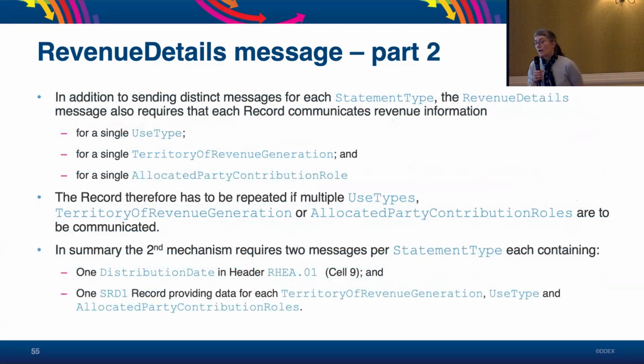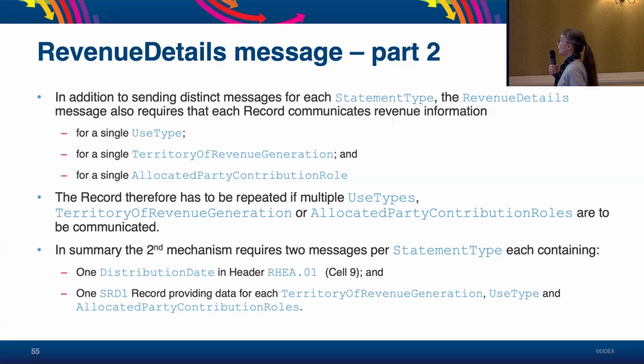The other thing to remember when simplifying the message is that each of the records now are specific to not only the statement type, but you also need to have a record that applies to only one use type, one single territory, and then if it is contributor, one allocated party contribution role.